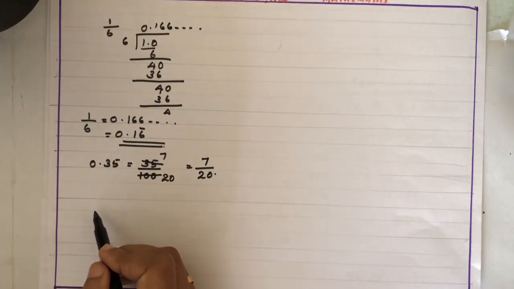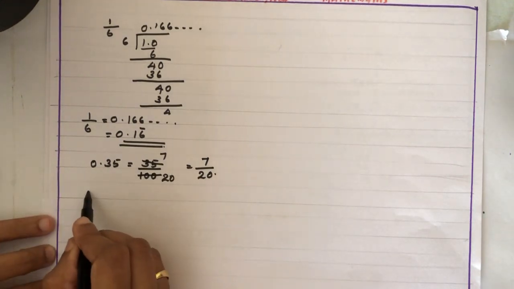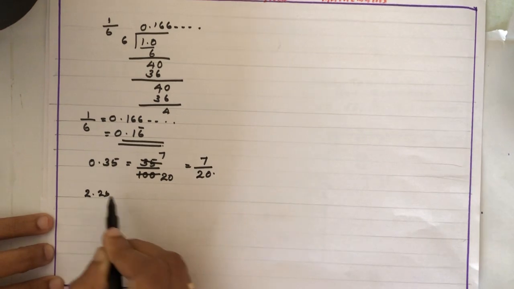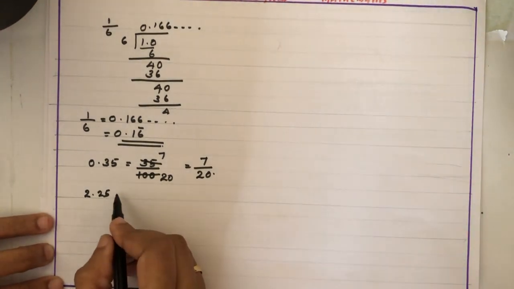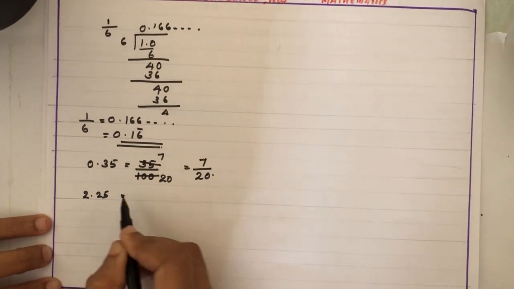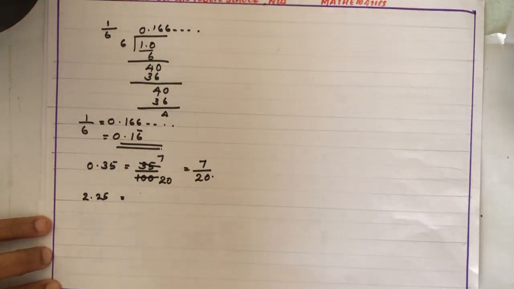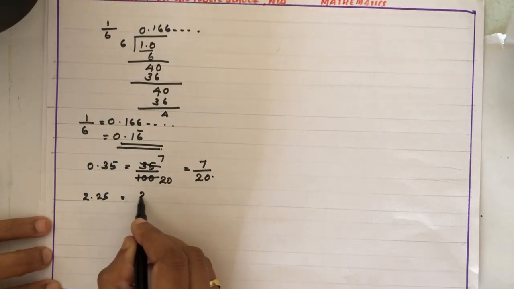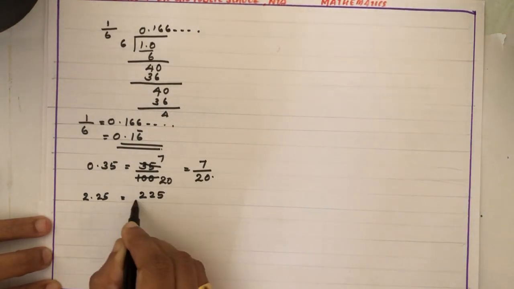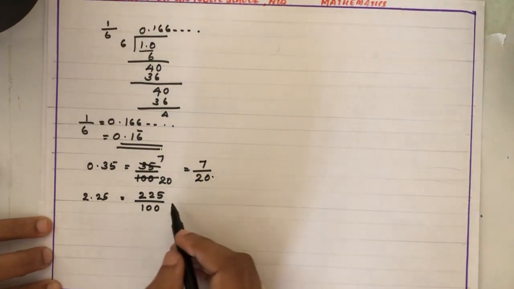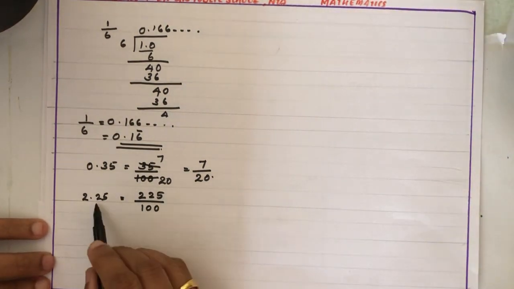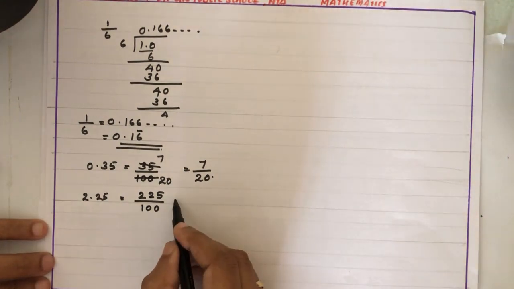Then consider another number, 2.25. It is equal to 225 by 100. Here there are 2 decimal places, so by 100.